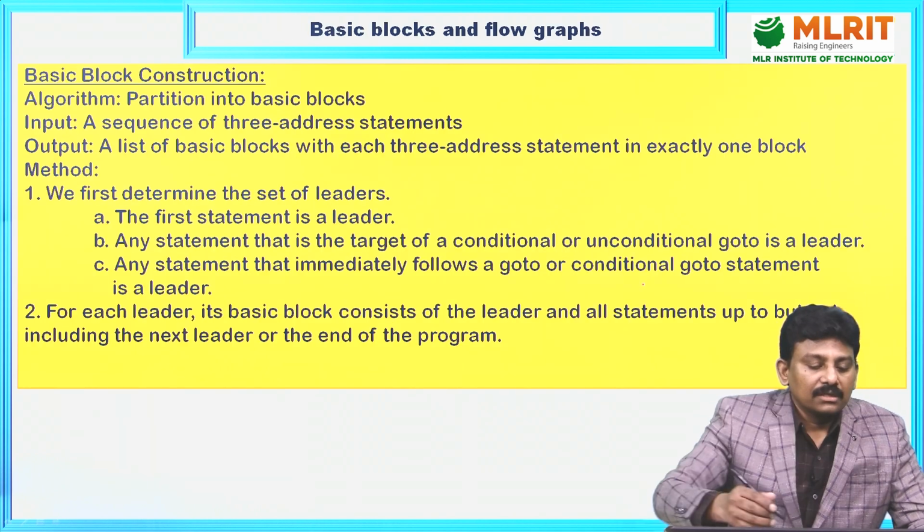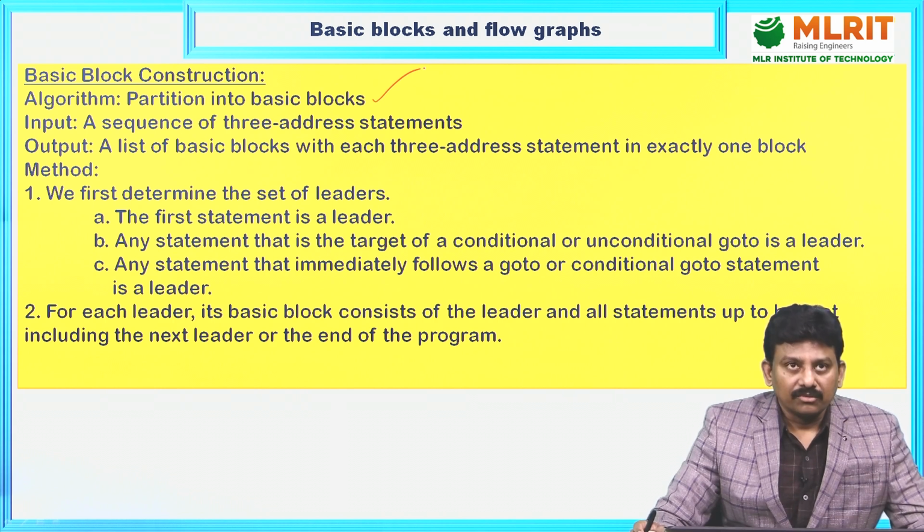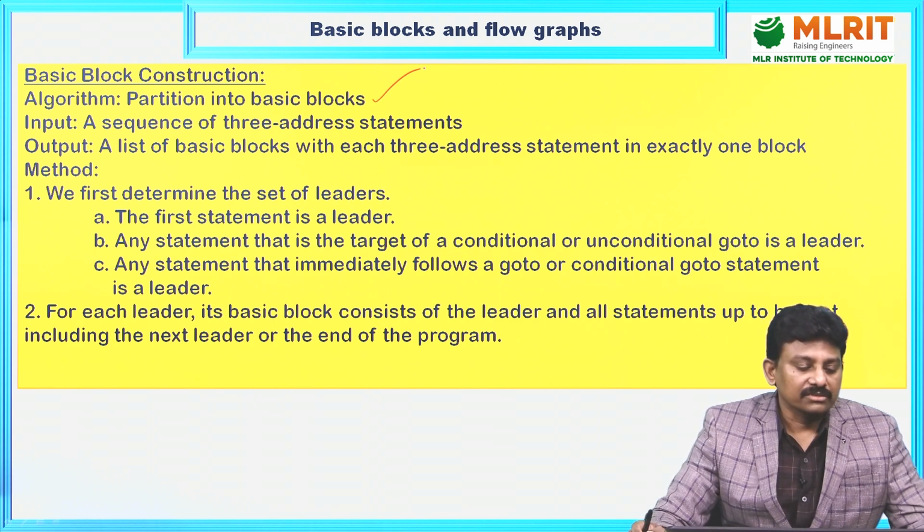Construction of basic blocks. Here we are going to partition into basic blocks. The given source code is converted into a sequence of 3 address statements. That sequence of 3 address statements is partitioned into a sequence of basic blocks.